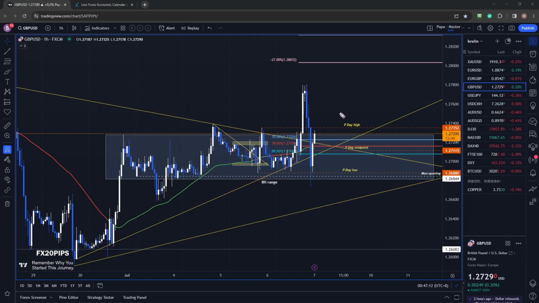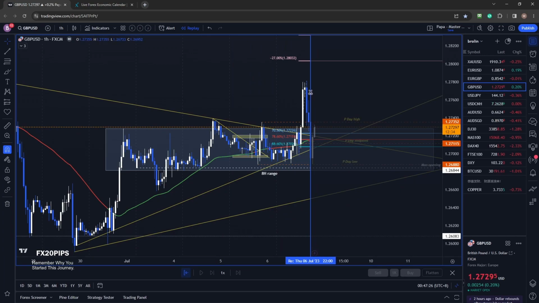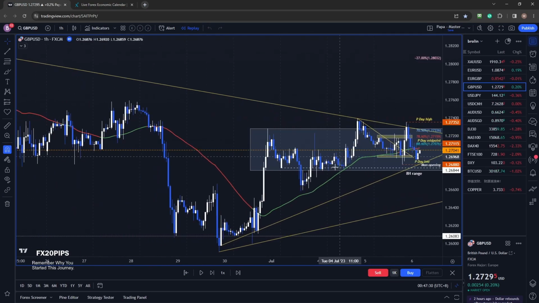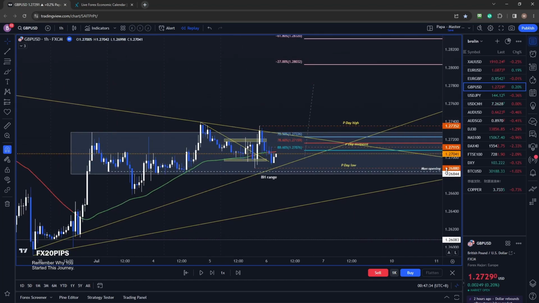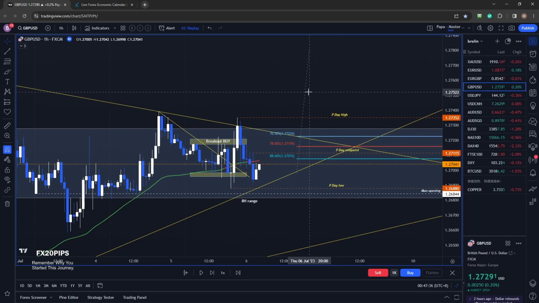Let me see if I can do this by removing this part of the live chart so that we can concentrate here. Let me try to do the replay mode. Let me come back to here, and also let me hide this thing.